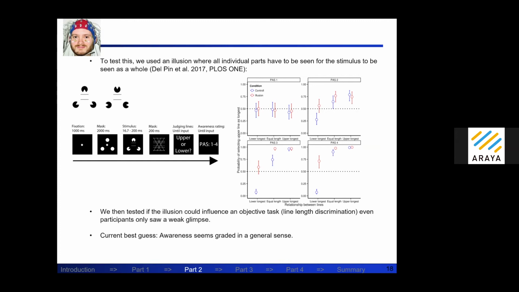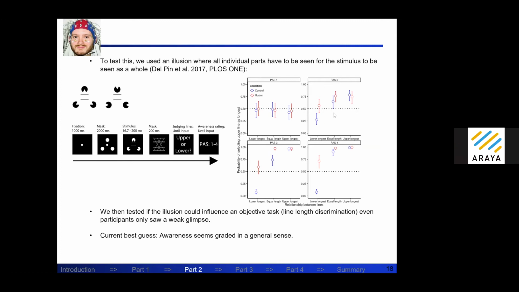So there's no physical differences there when they report awareness as 1 or 3? No, they have the same three physical conditions. So in the center one, the lines are exactly the same length, for example.